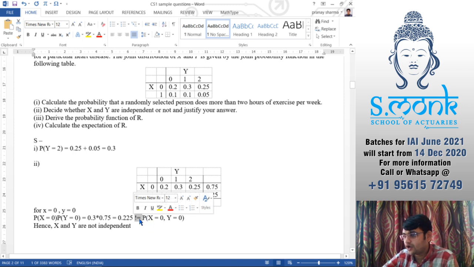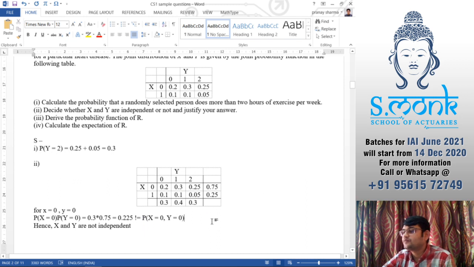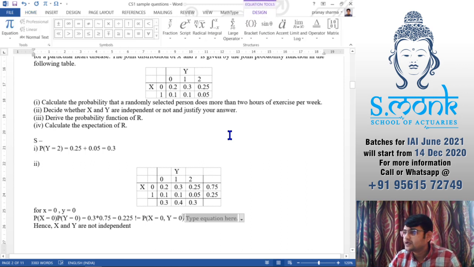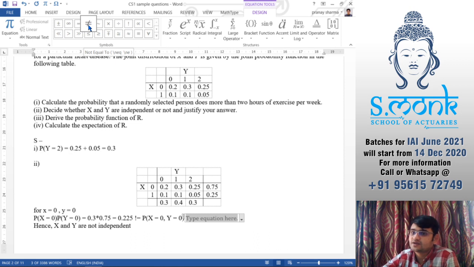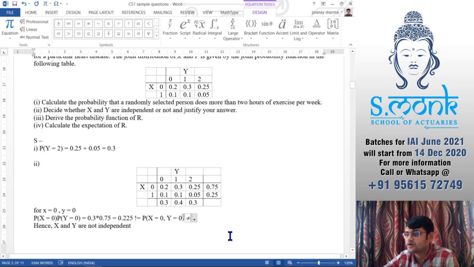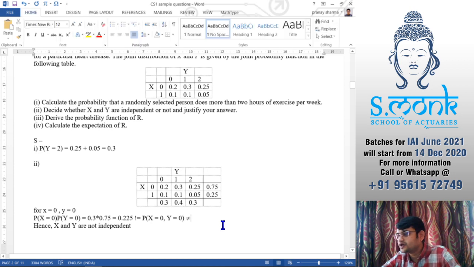Whenever you are writing, or if you use the equation editor, for not equal to, what you can do is press Alt and equal to, and then you can see the not equal to sign. You can just use this directly and then move out of the equation editor and keep writing your answers.